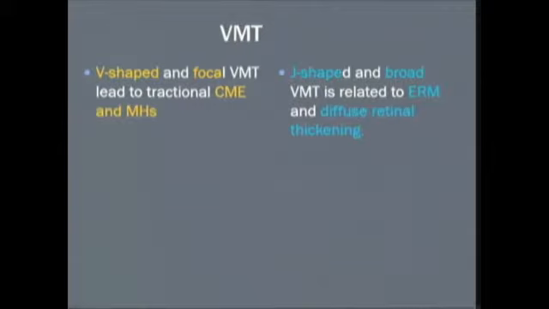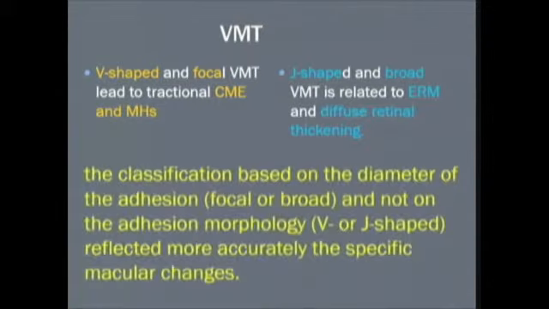The V-shaped and focal shape cause more traction on the retina because the point of traction is very small. So the surface area of traction is small, so you have stronger contraction, which can lead to macular holes. But when you have broad adhesions, there is less contraction, and there is time for the proliferation of the cells over the retina, causing epiretinal membrane.